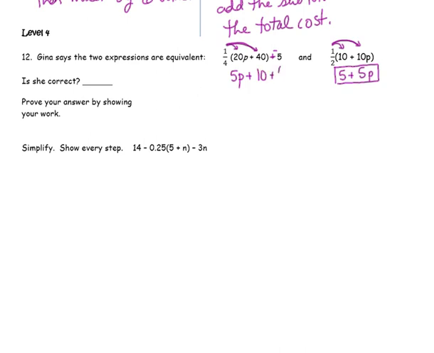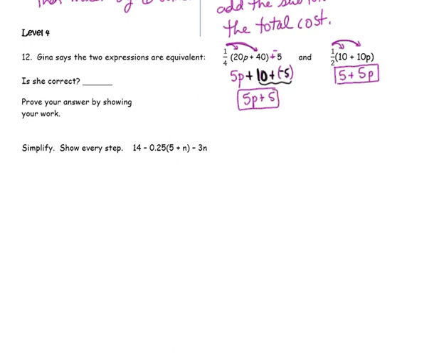Bring down plus negative 5. These are like terms and can be combined. So we have a positive 10 and a negative 5. Since they are different signs, we subtract. 10 take away 5 is 5. We have more positives, so the answer for this part is positive. That gives us 5p plus 5.